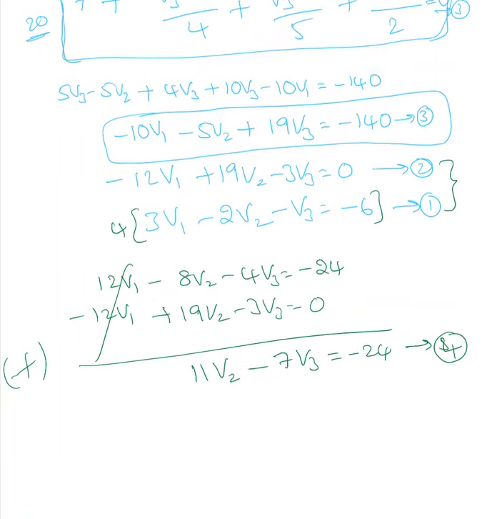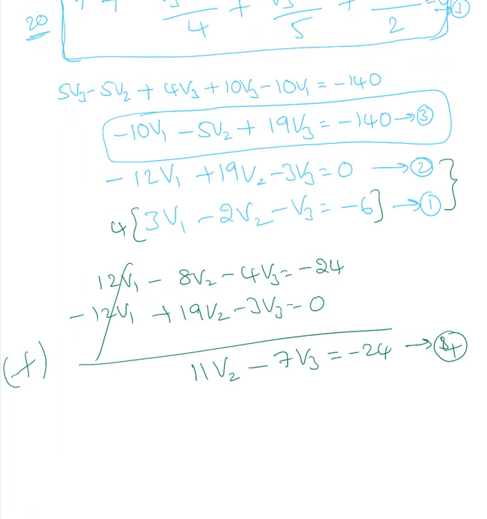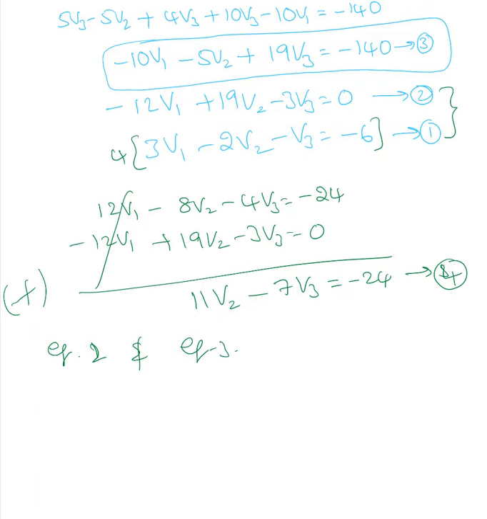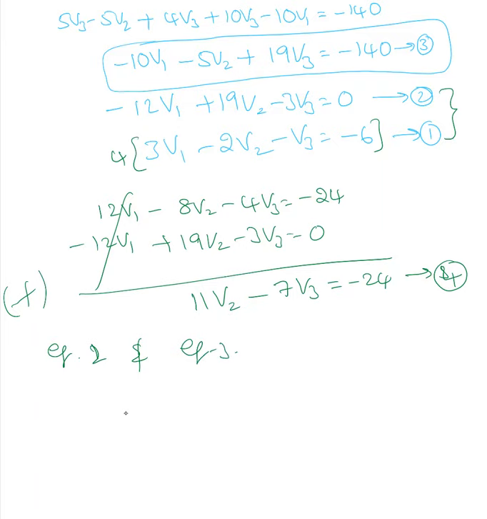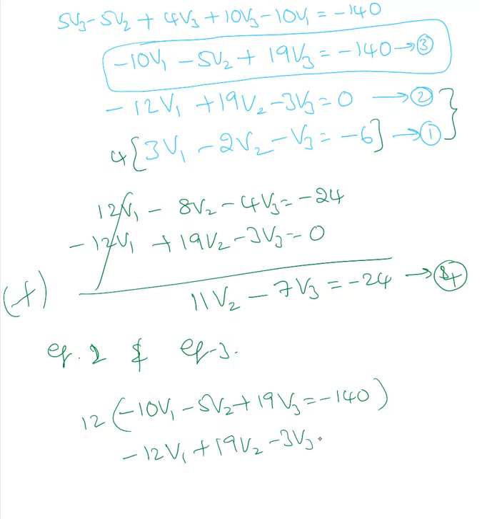Okay, now I'm going to solve equation 2 and equation 3. I'm going to multiply with the coefficients. So here minus 10V1 minus 5V2 plus 19V3 equal to negative 140. I'm going to multiply this with 12, and negative 12V1 plus 19V2 minus 3V3 equal to 0, I'm going to multiply this with 10.